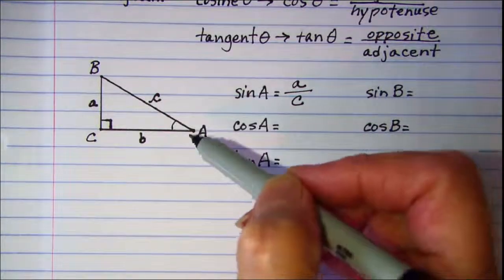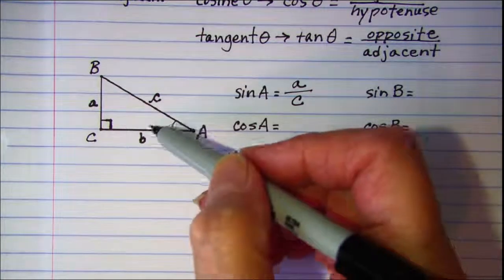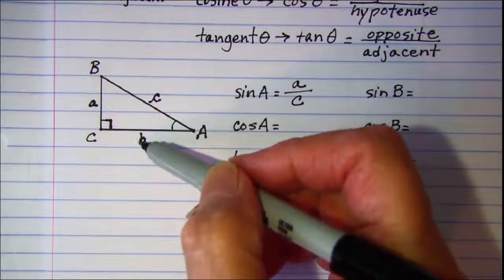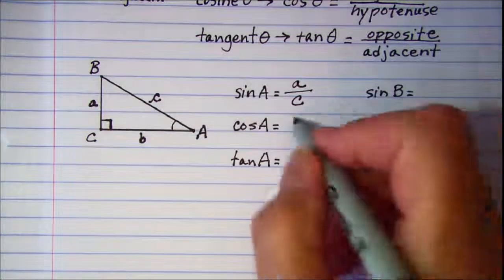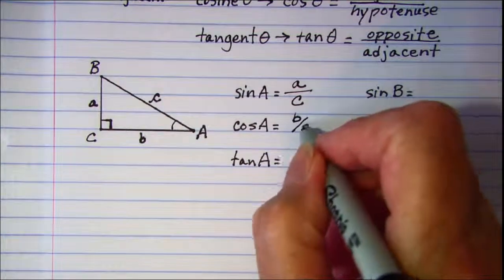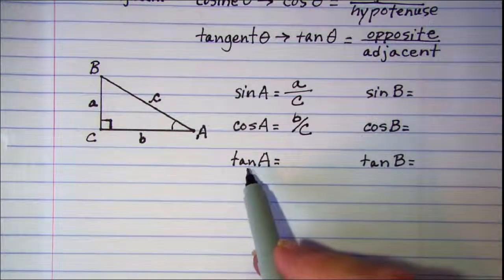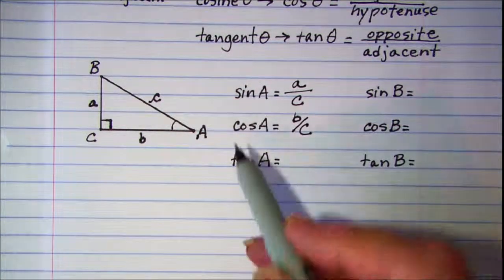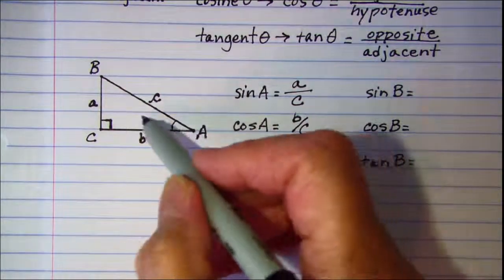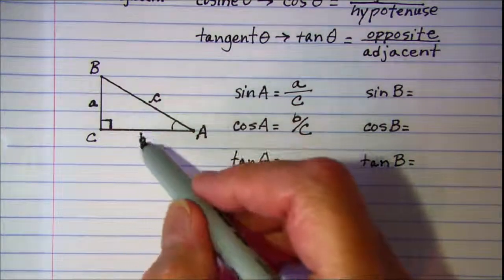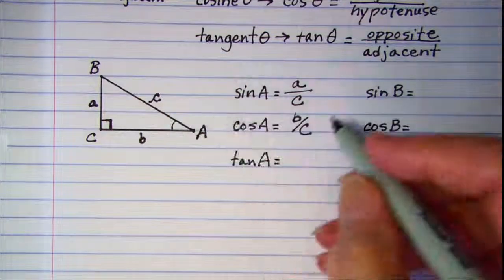So again, locate angle A, and the adjacent side would be B. The hypotenuse is C. And then for the tangent of angle A, tangent is defined as opposite over adjacent, so it'll be A over B.